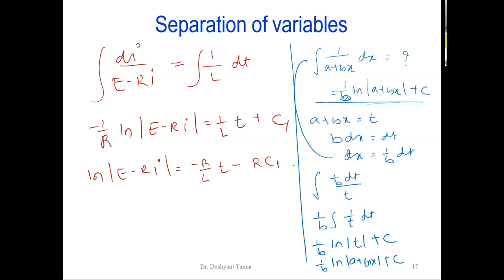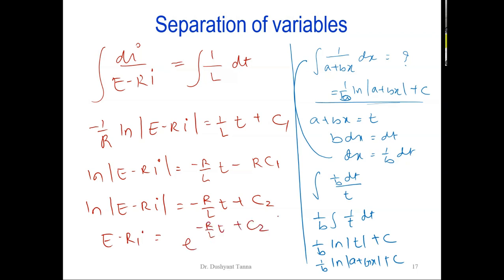So how about I still carry on: ln(E minus Ri) equals minus R by L t plus C2, where negative RC1 is my C2. It's a bit less horrible. Ln has to be converted into E. So E minus Ri is the exponential of minus R over L t plus C2.